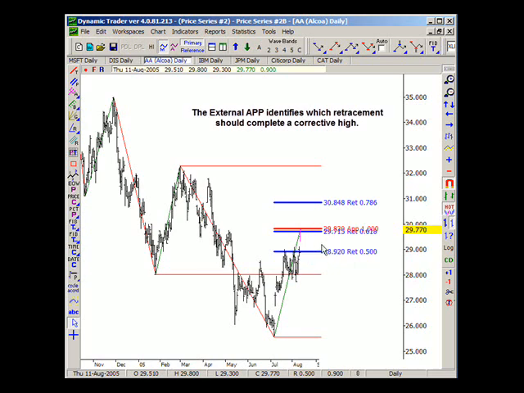But what we know is that if this market is making a counter trend and the bear trend is going to continue, as of the last bar in this chart, this market has reached the high probability retracement zone to complete a corrective rally at or near the 62% retracement, because the 62% retracement is within just 2 or 3 points of the 100% external alternate price projection.